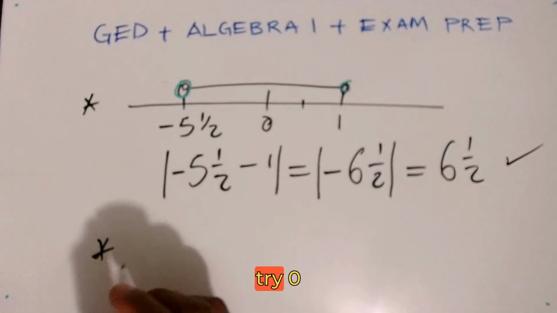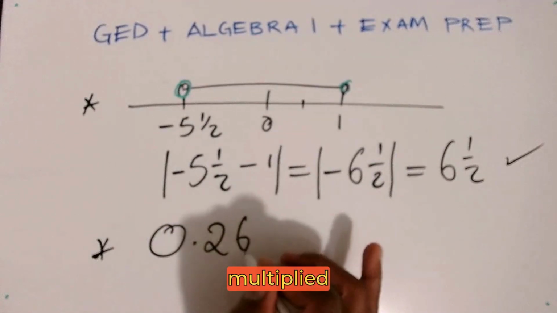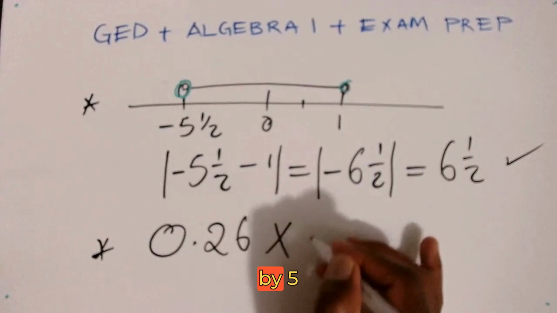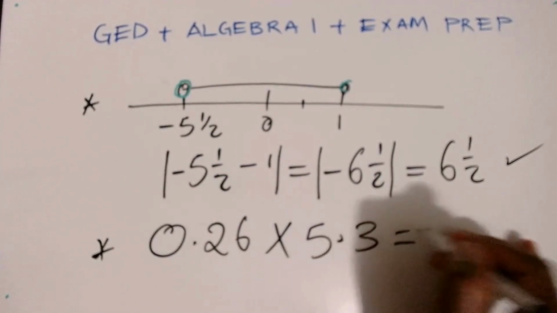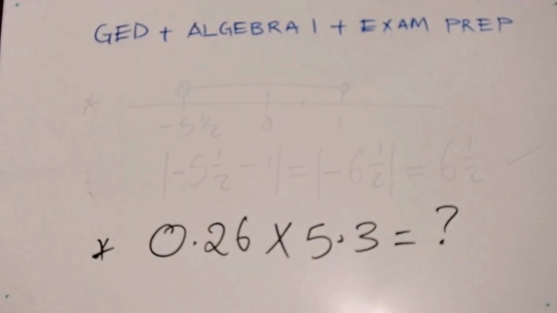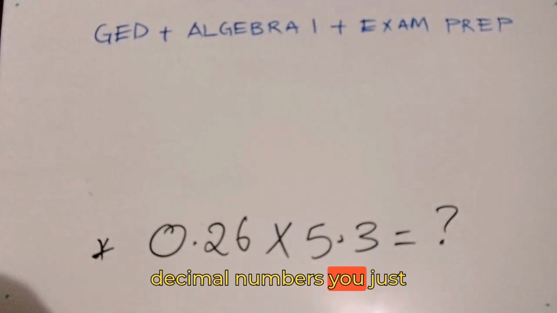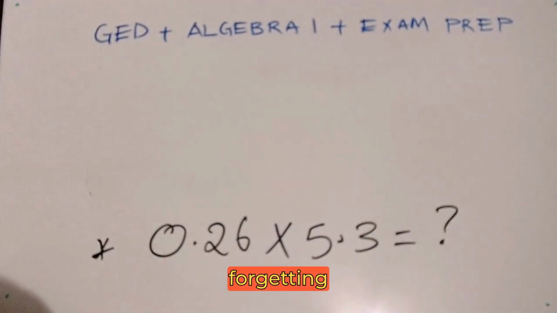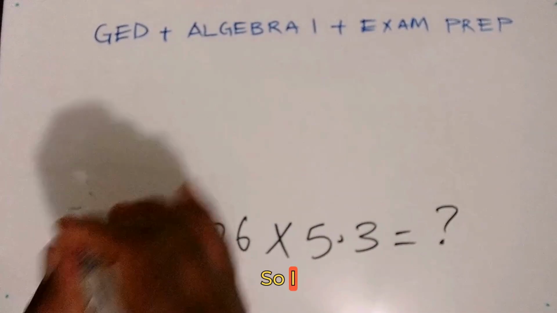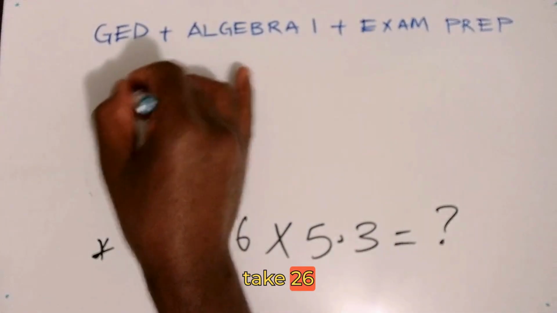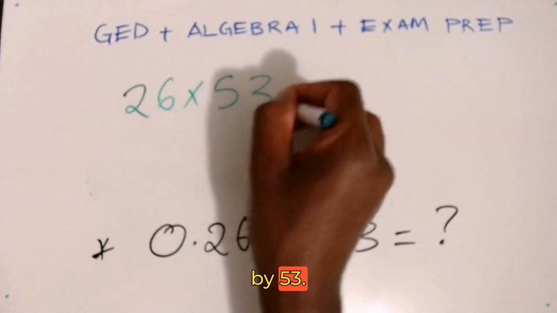All right, let's try 0.26 multiplied by 5.3. So remember, when you are multiplying decimal numbers, you just do the normal multiplication, forgetting about the decimal point. So I will go ahead and take 26 multiplied by 53.